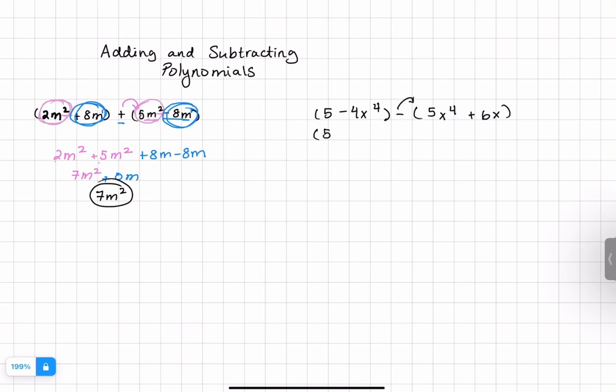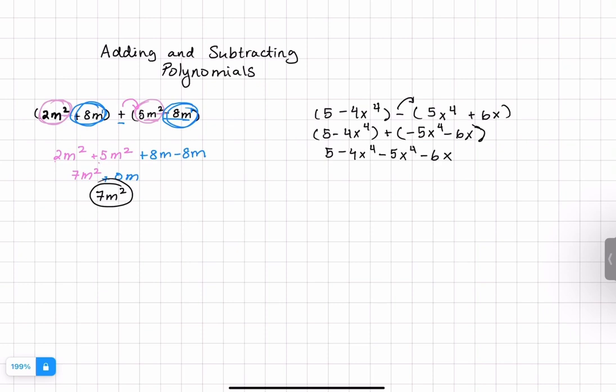So it would be 5 minus 4x to the power 4, plus, that's always easier, negative 5x to the 4th power, minus 6x. So we can basically get rid of these parentheses. Okay, so it would be something like 5 minus 4x minus 5x to the 4th minus 6x.